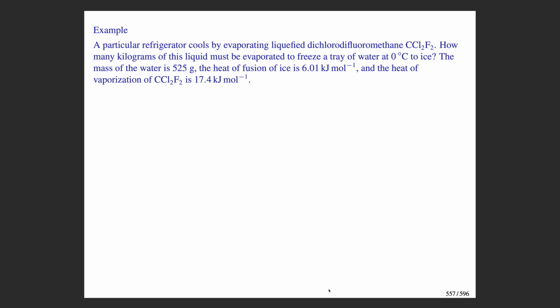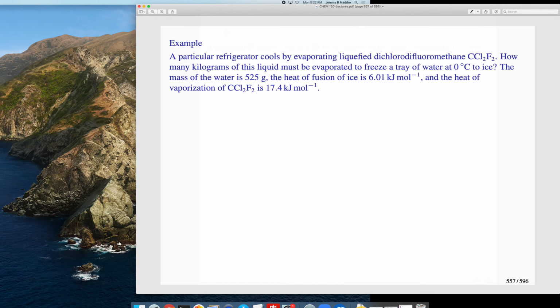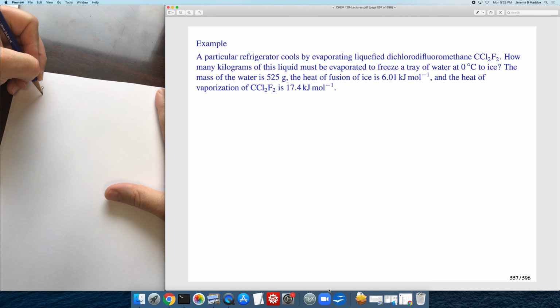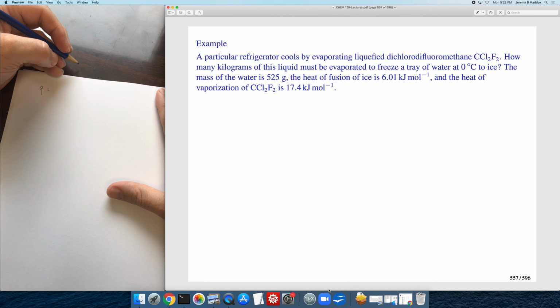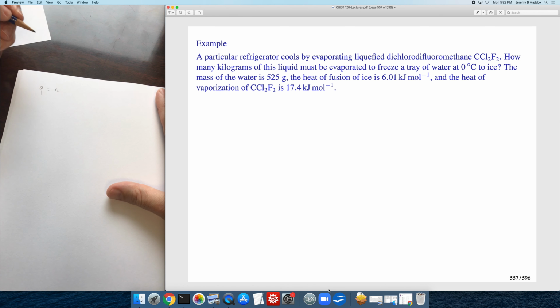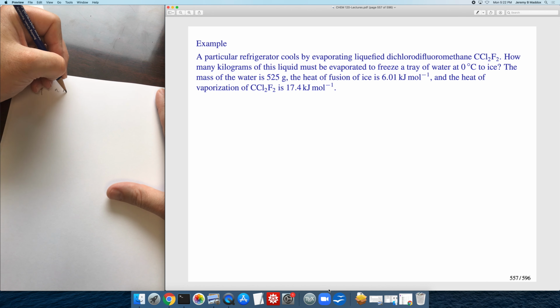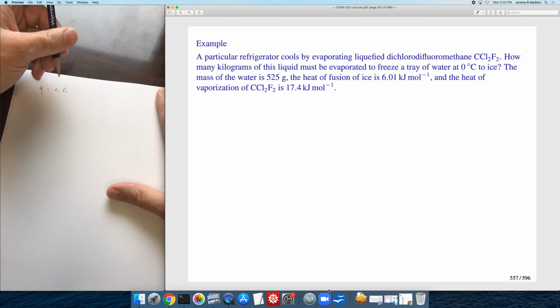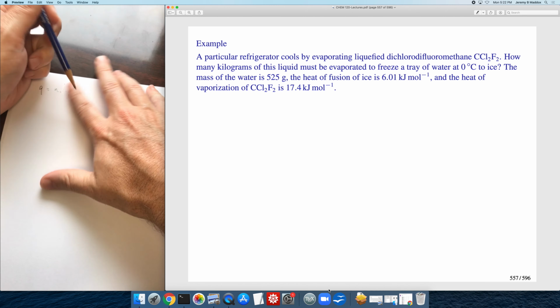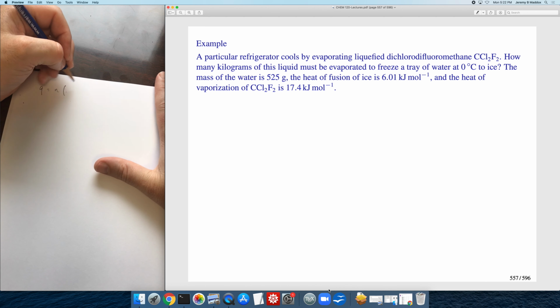We'll look at this idea here, that the heat for the phase transition is going to be the number of moles of the water that we have times the enthalpy. We'd want to use minus the enthalpy of fusion, because we're not fusing, we're doing the opposite, we're freezing.